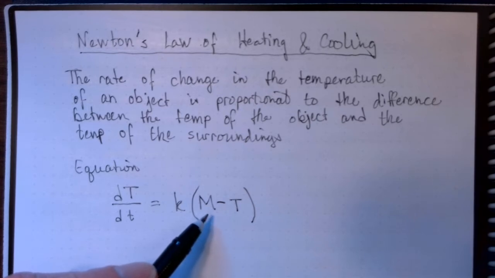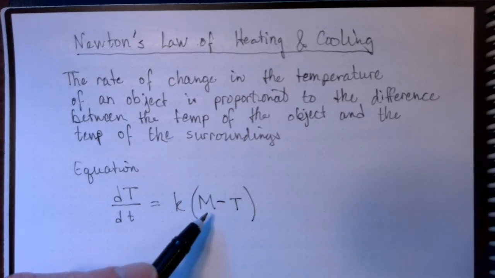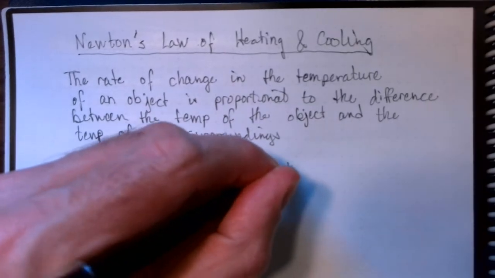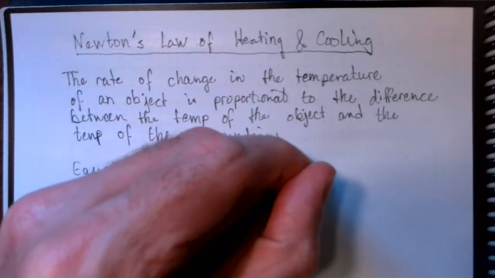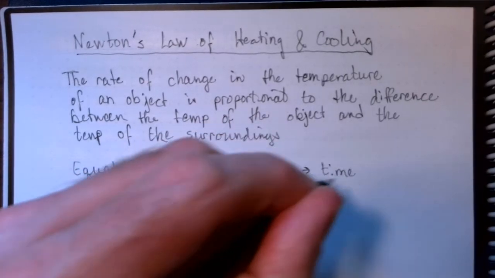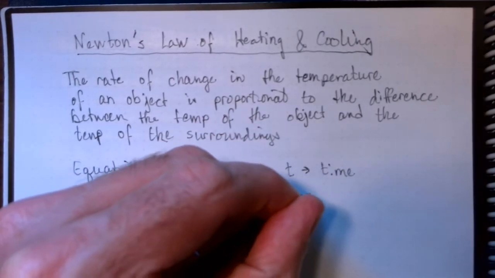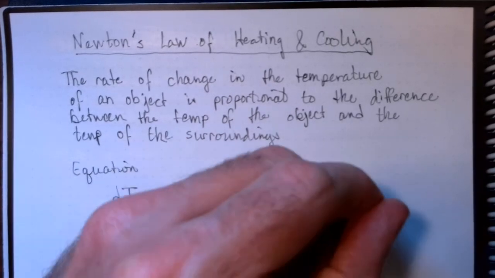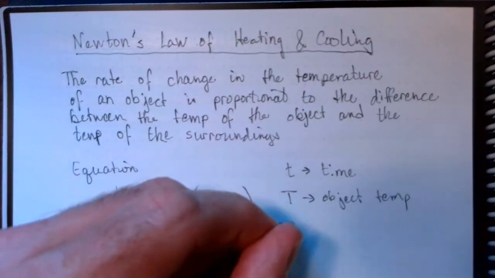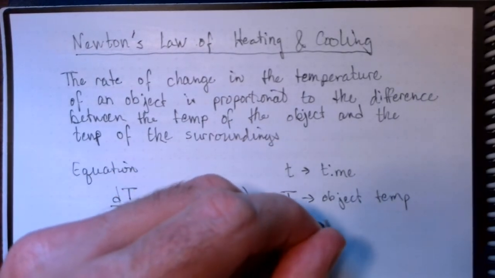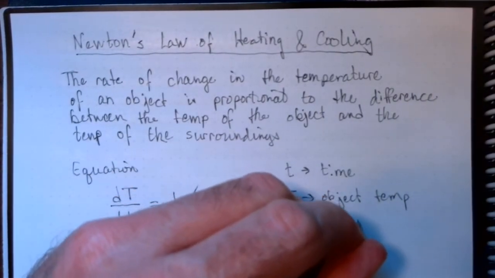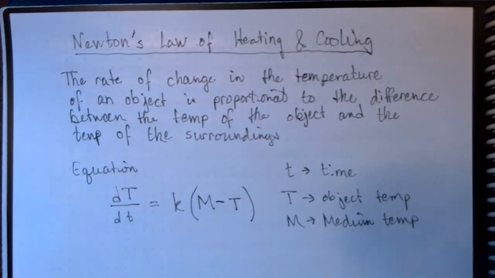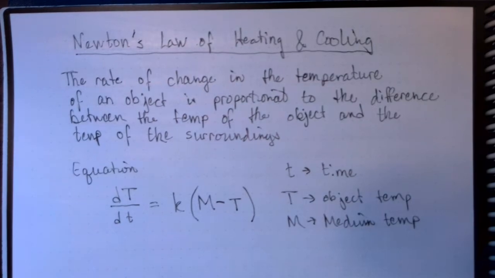So M stands for the temperature of the surrounding medium. T is the temperature of the object. Oh, and also little t, that is time. So little t is time, big T is the object temperature, and capital M was the medium temperature, the temperature of the surroundings.